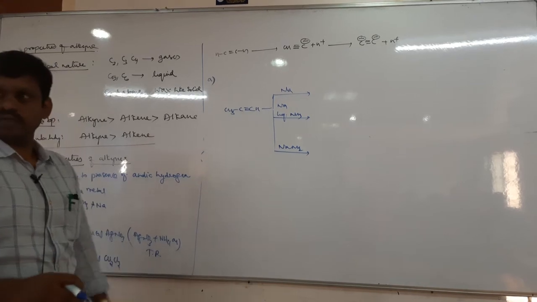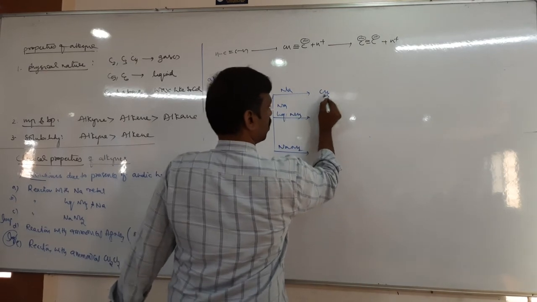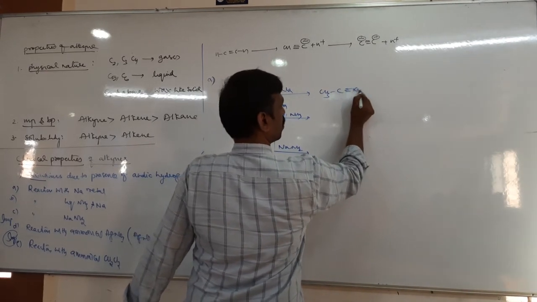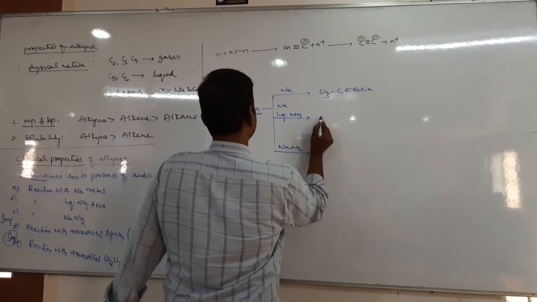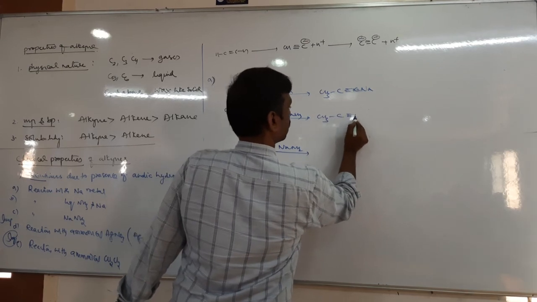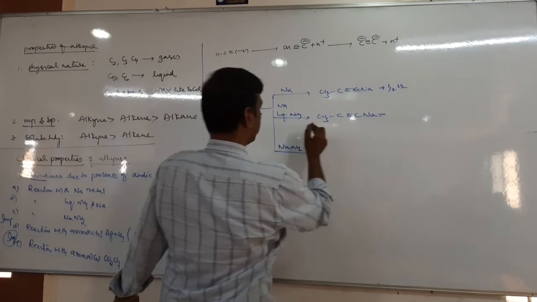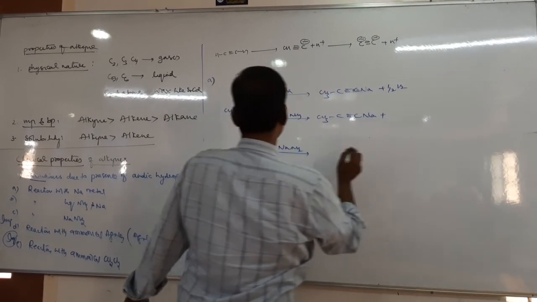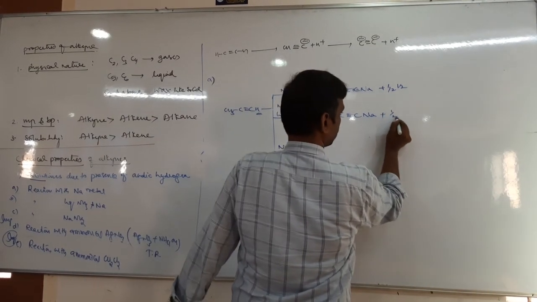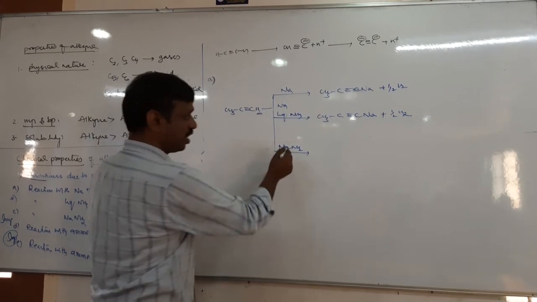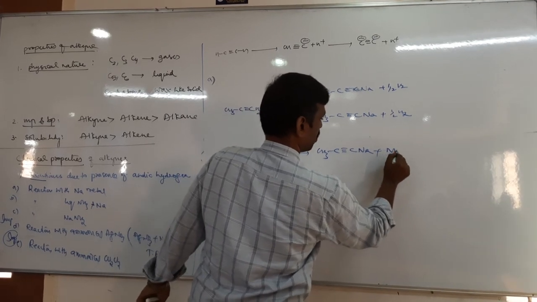Tell me, just write the product. Similar reaction, the acidic hydrogen should be replaced by sodium. Next, this acidic hydrogen is replaced by sodium, but here the byproduct is H2. What is the byproduct here? Hydrogen, yes, it is hydrogen also. Ammonia is okay, but here it is ammonia.